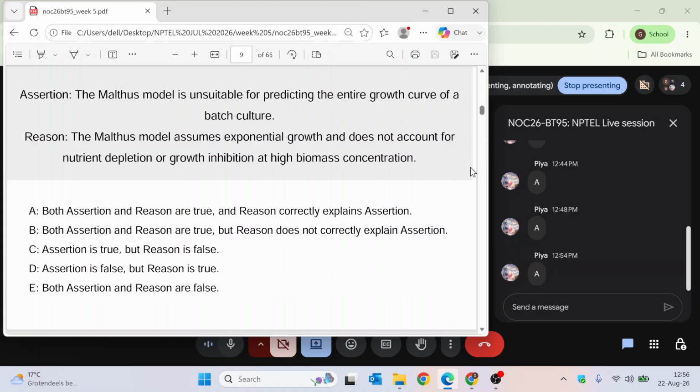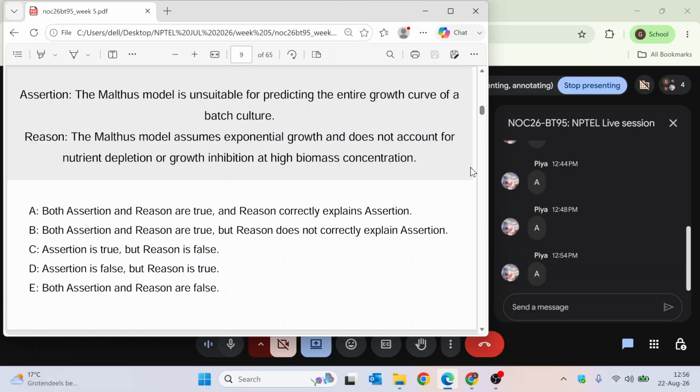When we talk about the Malthus model, it says that the population at a given time t will be equal to the population at time 0, which is the starting population, times e power rt, where r is the growth rate and t is the time.